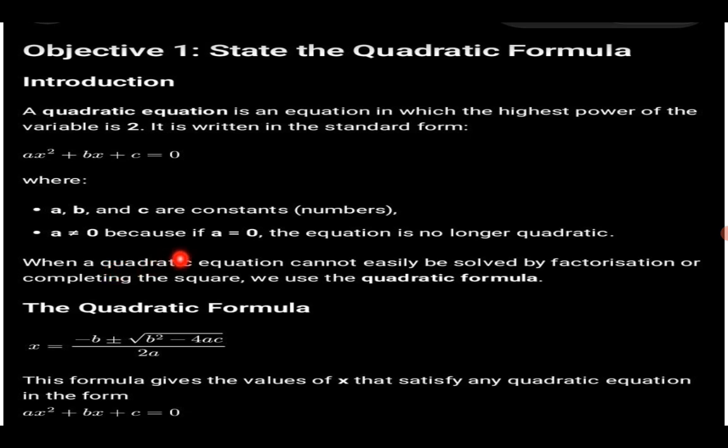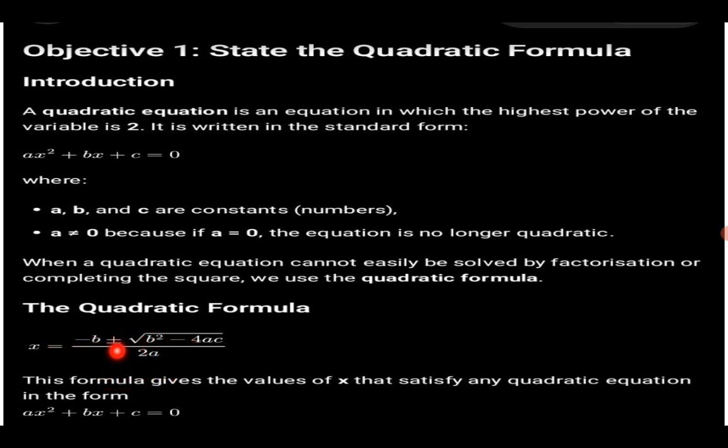So when a quadratic equation cannot easily be solved by factorization or completing the squares, we use the quadratic formula, which is this formula here: x is equal to minus b plus or minus root of b squared minus 4ac over 2a. So this formula gives the values of x that satisfy any quadratic equation in the form of ax squared plus bx plus c.